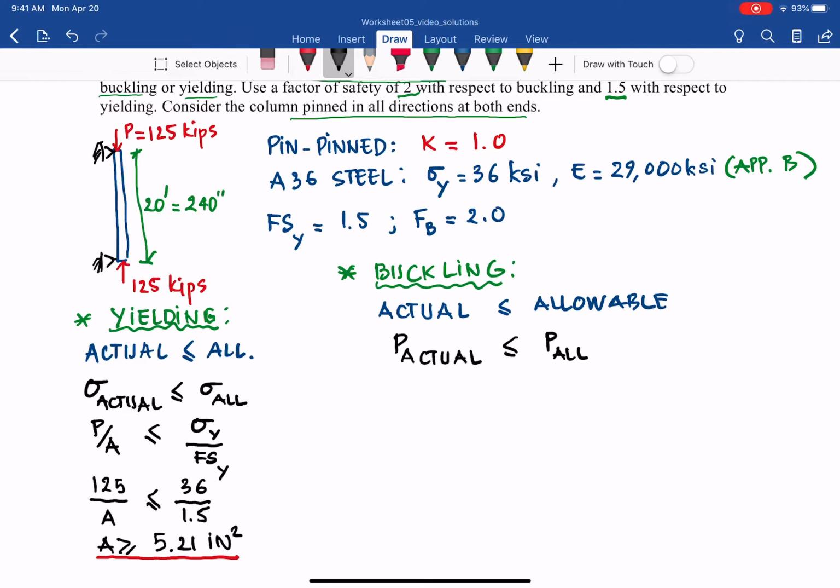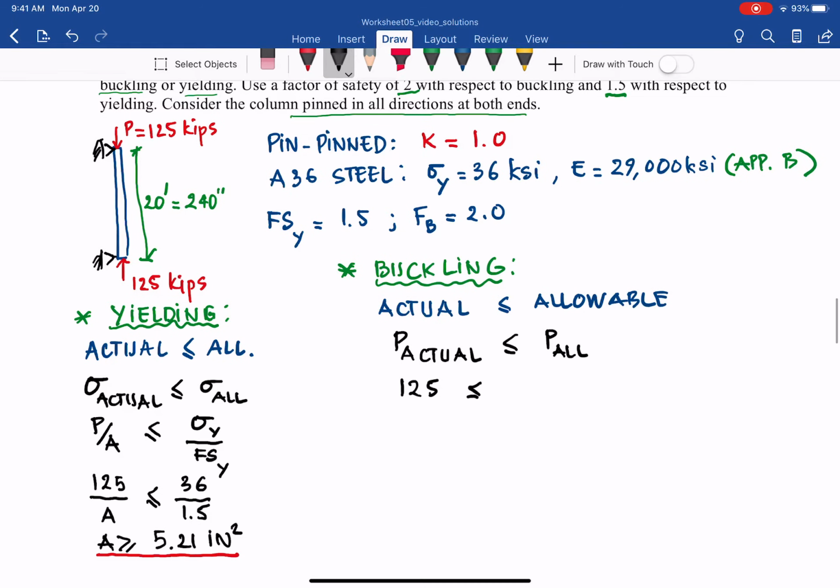And P actual, we already have 125 kips. It has to be less than the P failure over the factor of safety, P fail over factor of safety due to buckling. And for buckling, as you can see, P fail equals P critical, divided by the factor of safety due to buckling.